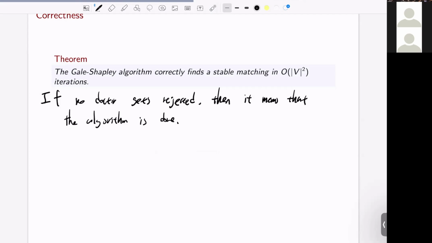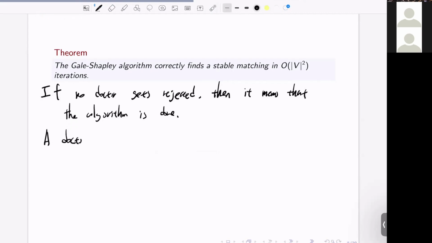But then, what is the number of iterations? Until there's no rejection going on, doctors keep applying. A doctor can be rejected order of V times. It can be rejected by all hospitals, and the number of hospitals is at most the number of vertices in this network.